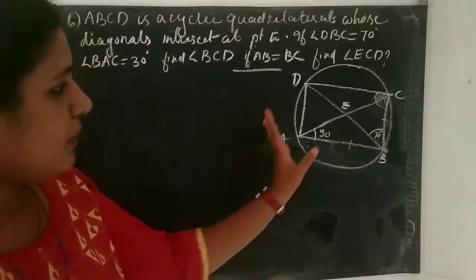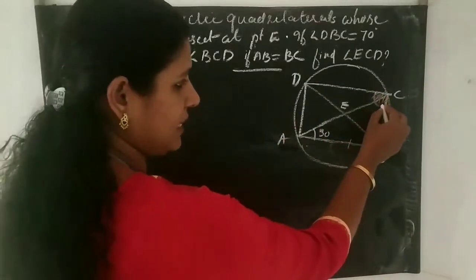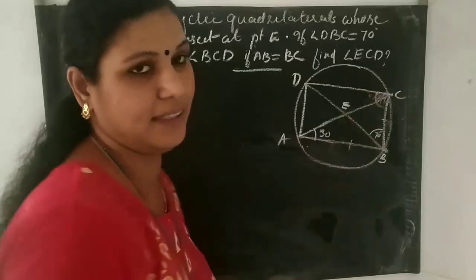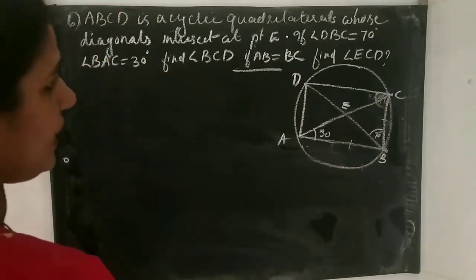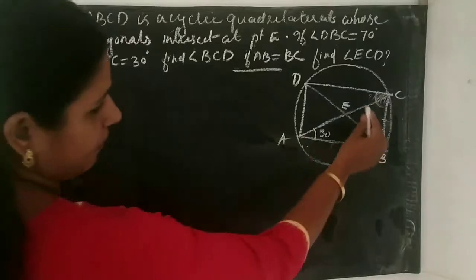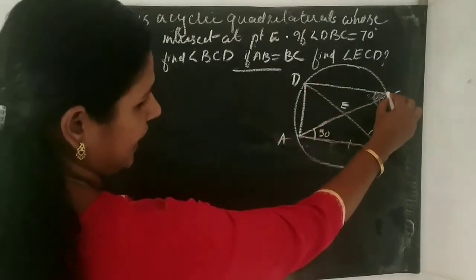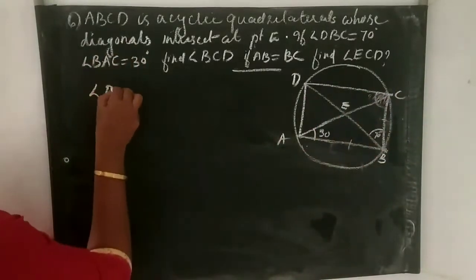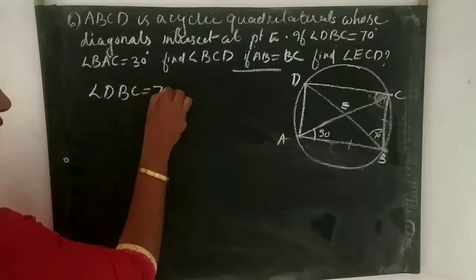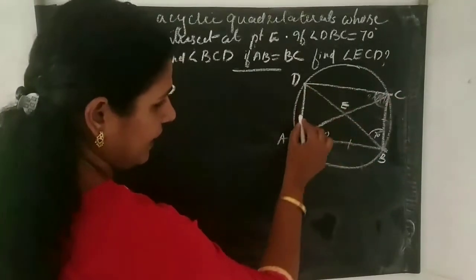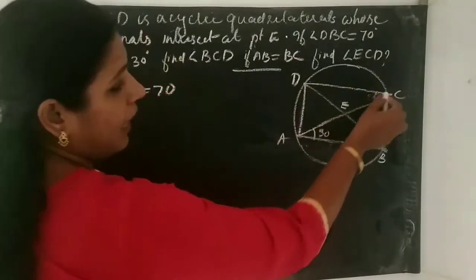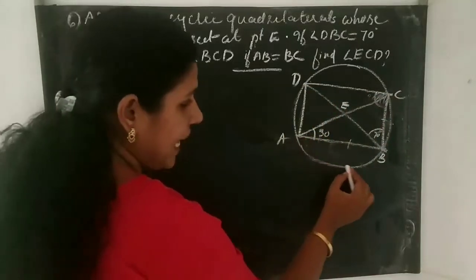Okay, first we have to find this angle and then this angle. How to find this? Here the given is angle DBC equals 70 degrees. This DBC and DAC are angles in the same segment.